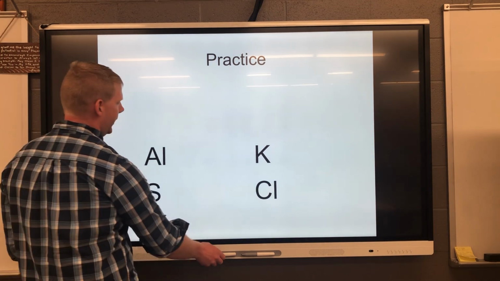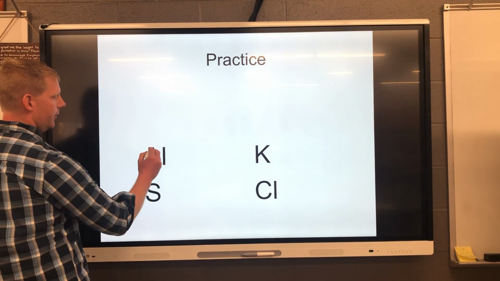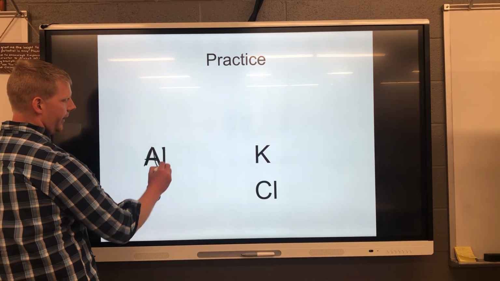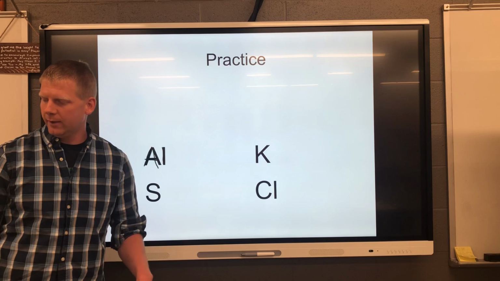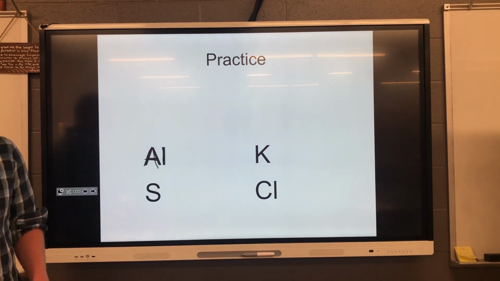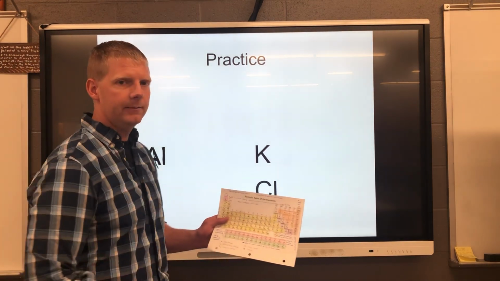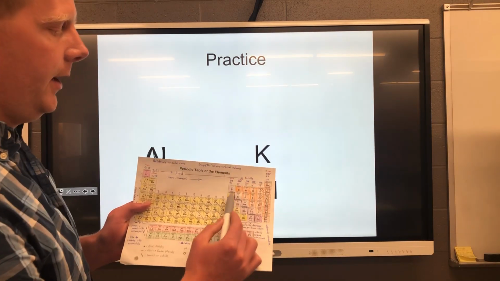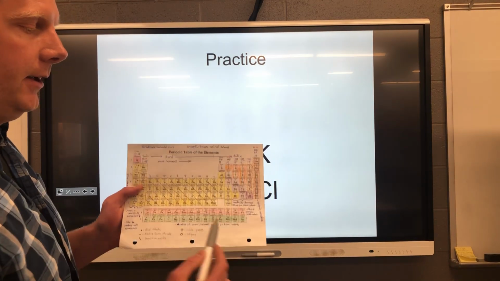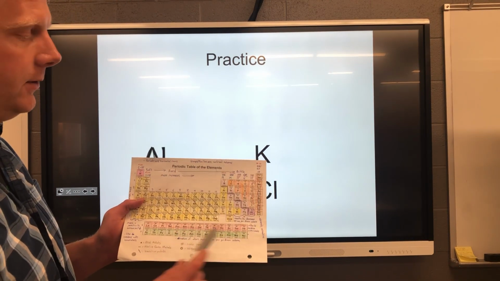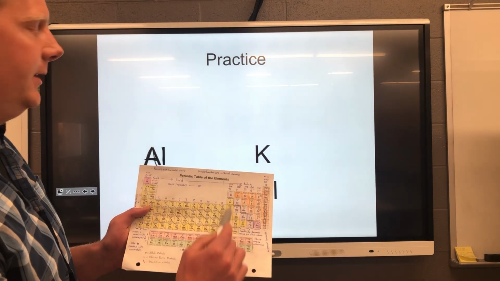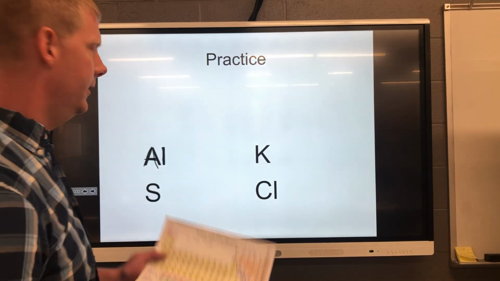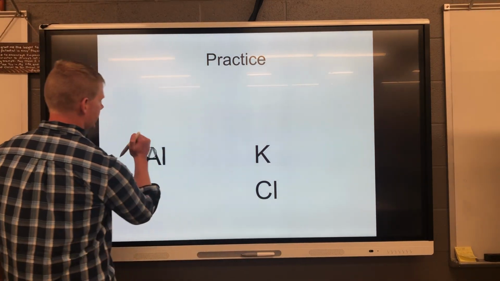So if we look at aluminum, you would write the atomic symbol, which is the one or two letter symbol. Find aluminum on your periodic table. We know that it's in group 13. Again, this is in the answer key section, you can use this periodic table. We see it's in group 13, and every element in group 13 has 3 valence electrons.